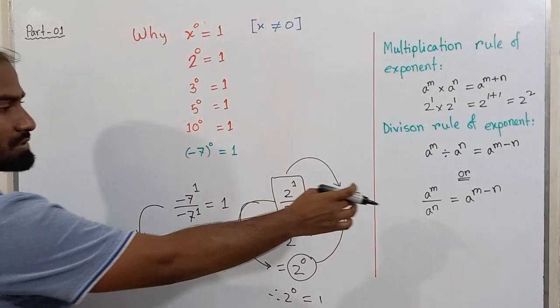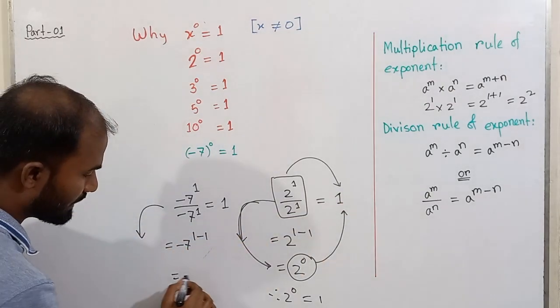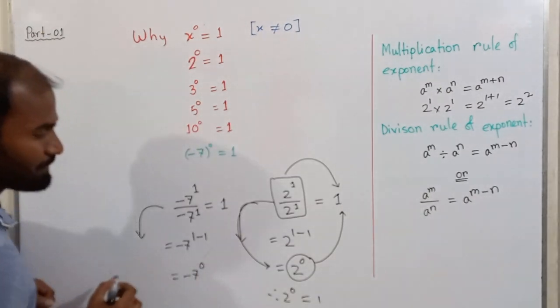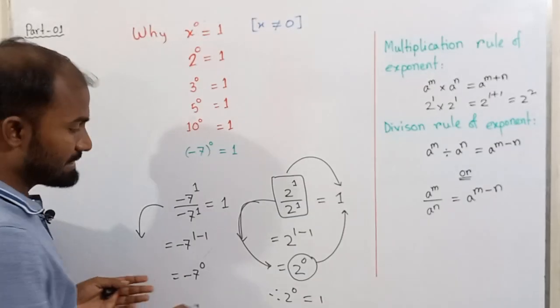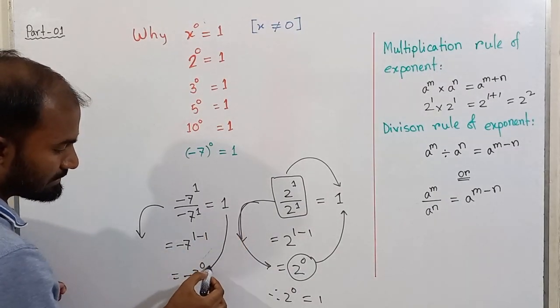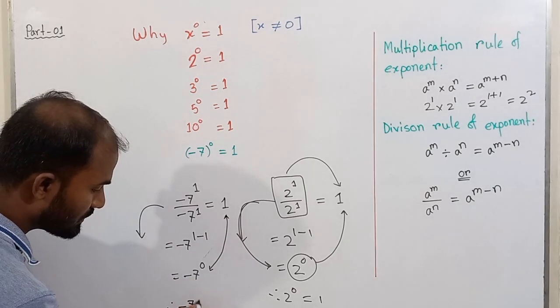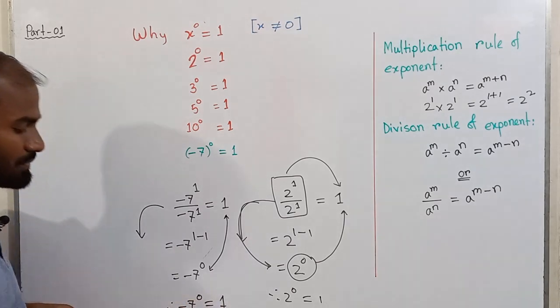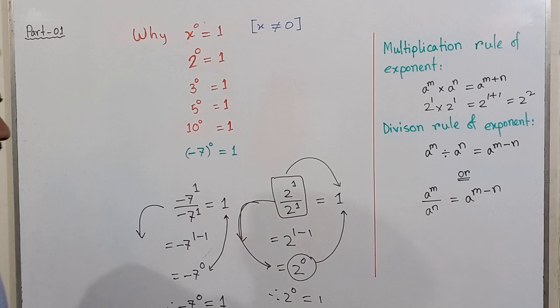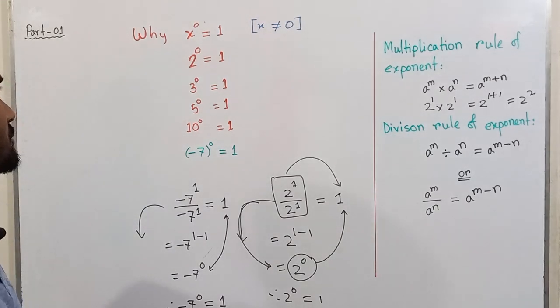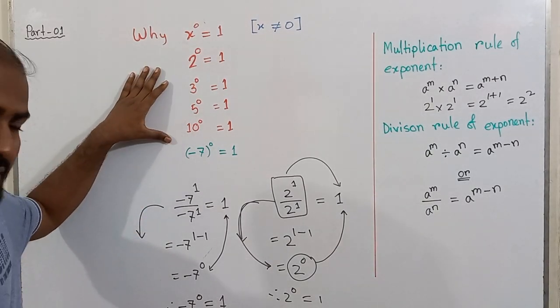So if we follow these rules, we get -7 to the power 0, which is equal to 1. So in this case we see this is also equal to 1. So now we have already shown how it happens.